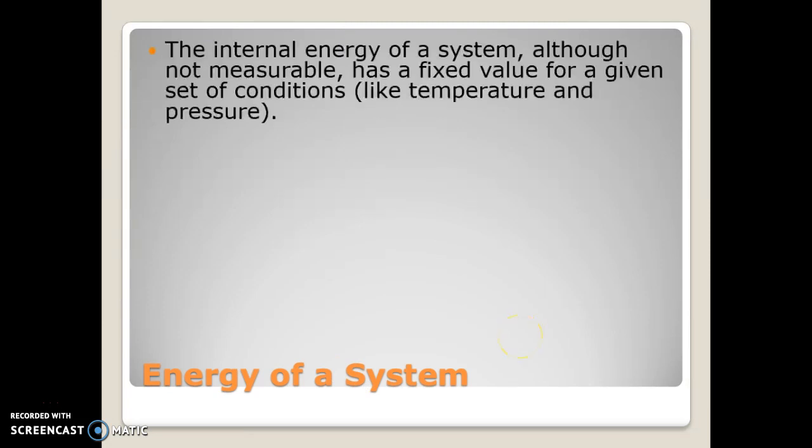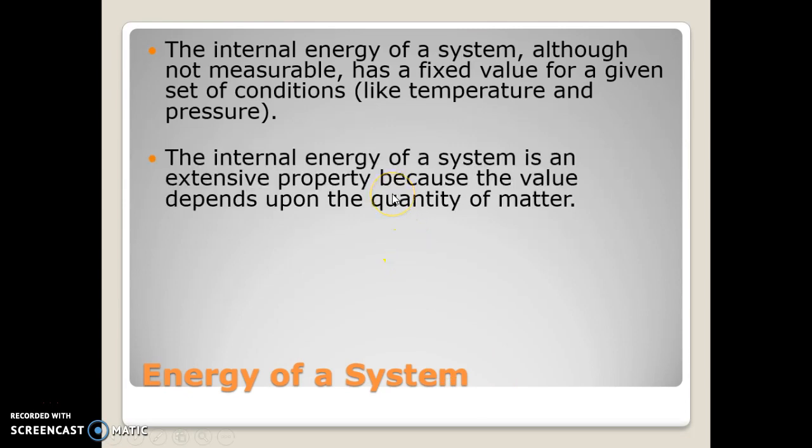All right, so the internal energy of the system, although not measurable, has a fixed value for a given set of conditions like temperature or pressure and so forth. The internal energy of the system is considered an extensive property because it does change with the quantity of matter that you have. The more water I have at a certain temperature, the more total energy that quantity of water has.